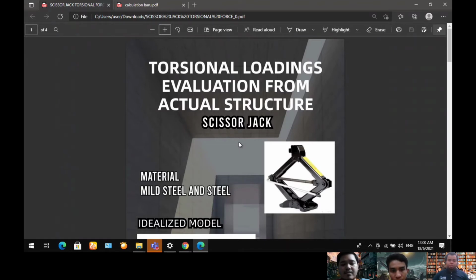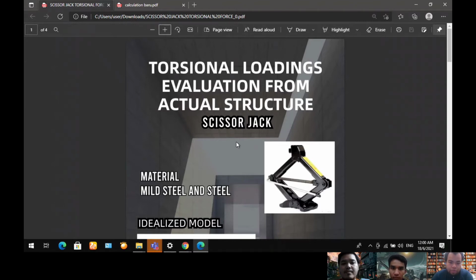We are from 2 BMMA, section 2/1, and we are going to present about torsional loading supervision from an actual structure. Our group consists of me, Amsyah Koyum bin Batu Hisham, followed by Muhammad Zulkarnain bin Madrus, and also Ahmad Abdullah bin Muhammad.